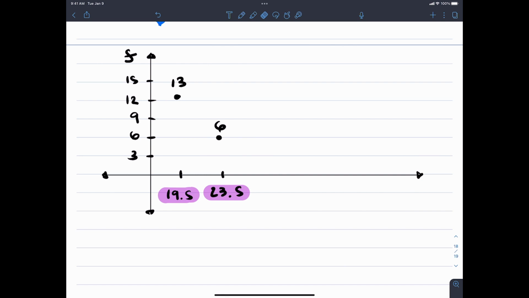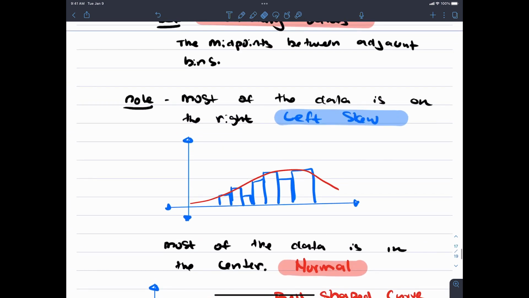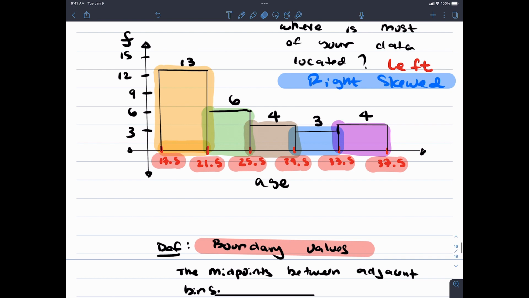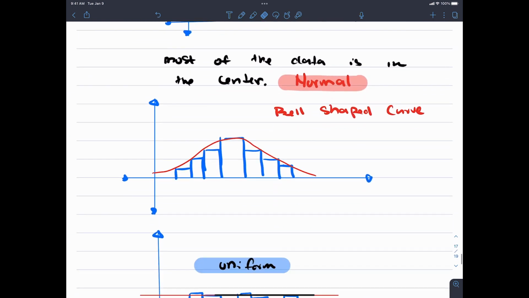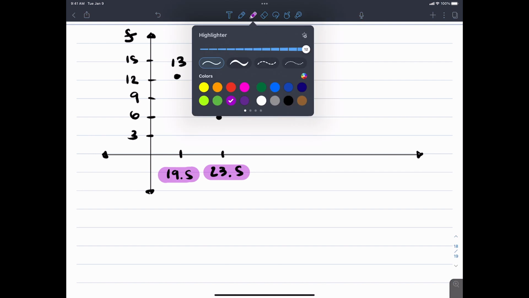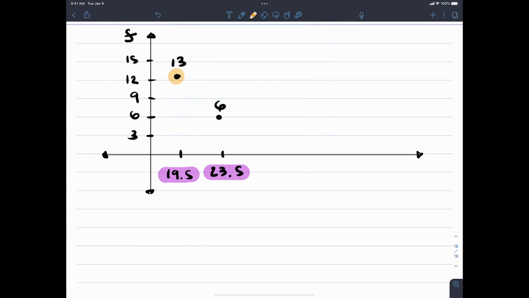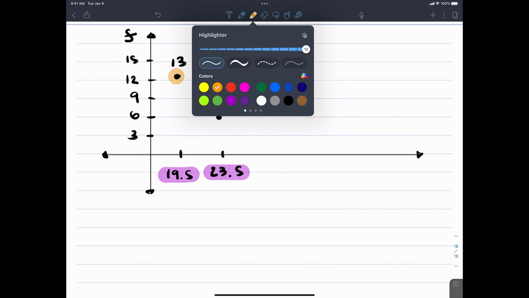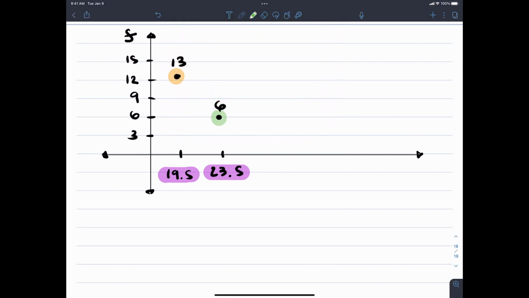So let me actually do this too so you guys can emphasize this. Orange and green. So remember I said the midpoint best represents your bin? Orange, what else? Green. Okay. What's the next midpoint? I believe it's 27.5. And what was that frequency? Was it 4? Okay.